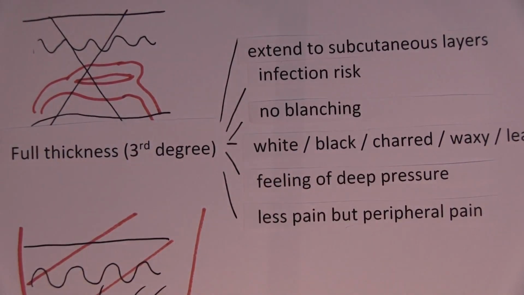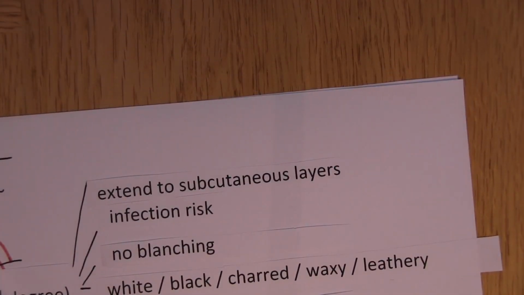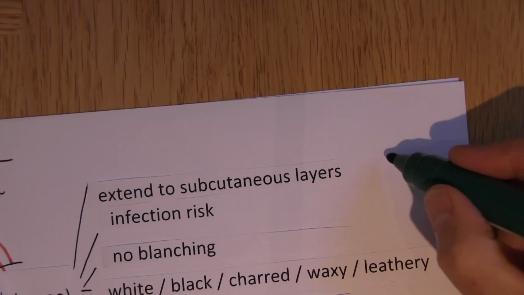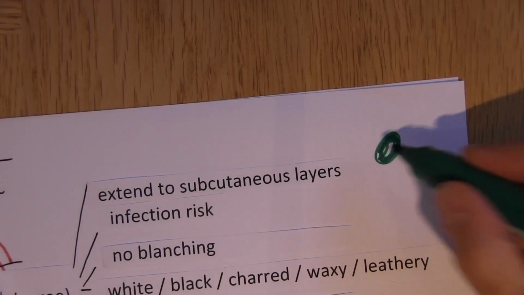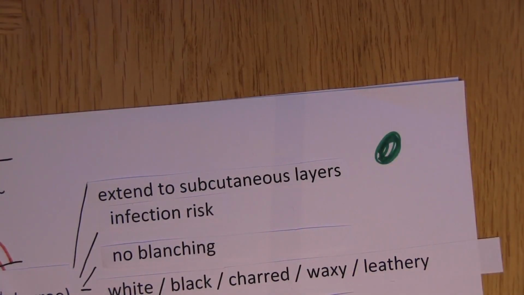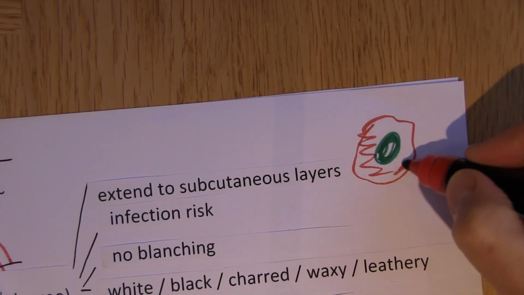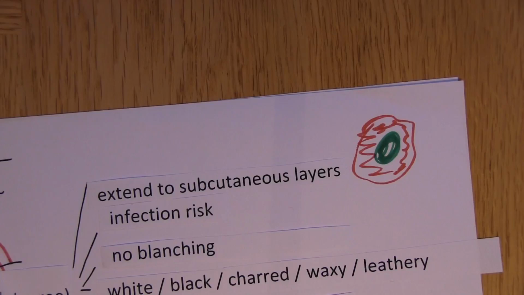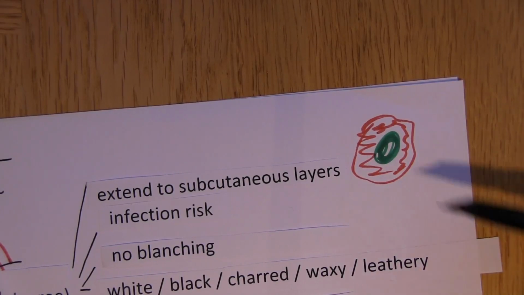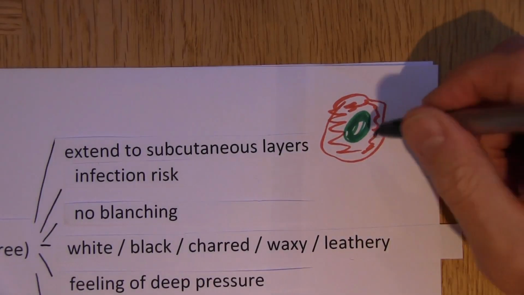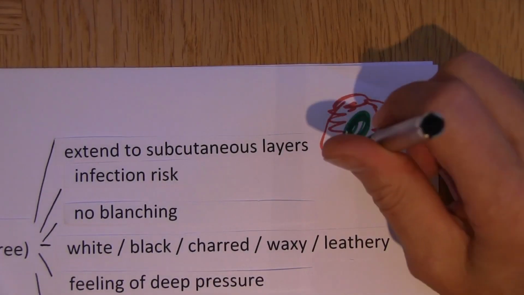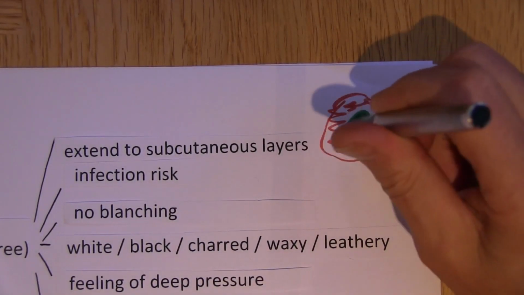So there's less pain. But if we consider an area of tissue, if there's a necrosed area here of full thickness injury, then very often there's areas of partial thickness injury around about it, and they'll certainly be painful. So what we might notice, if there's shallow partial thickness in an area here, that will feel sharp when we prick it with a needle.